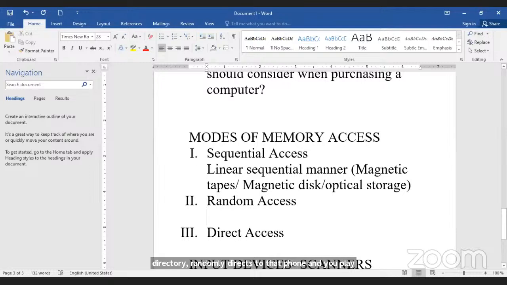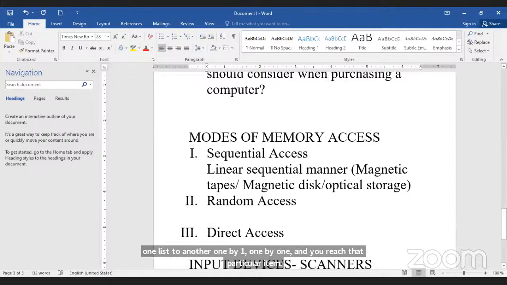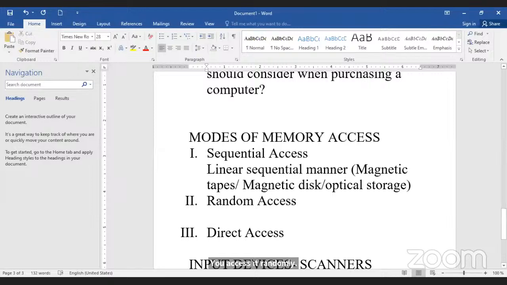You don't need to go from one list to another, one by one, until you reach that particular item. You access it randomly. That's why random access comes in.